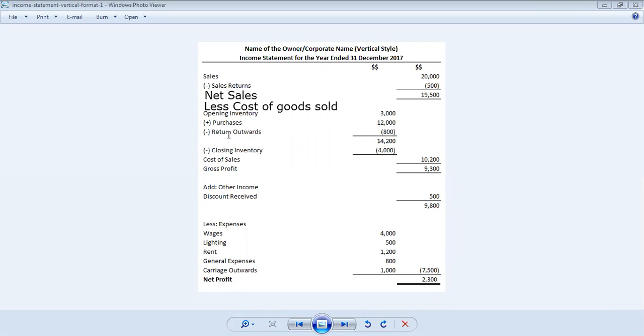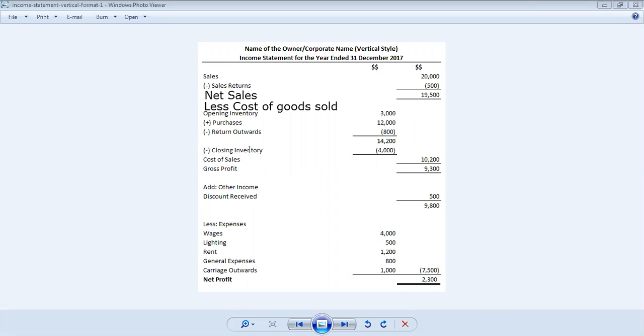Now, the return outwards is subtracted from the purchases of 12,000. You may see me do it differently sometimes, but it's the same procedure, the same process you carry through. So you subtract return outwards from purchases, and then you add whatever you get to the 3,000, and you get 40,200 in this case.